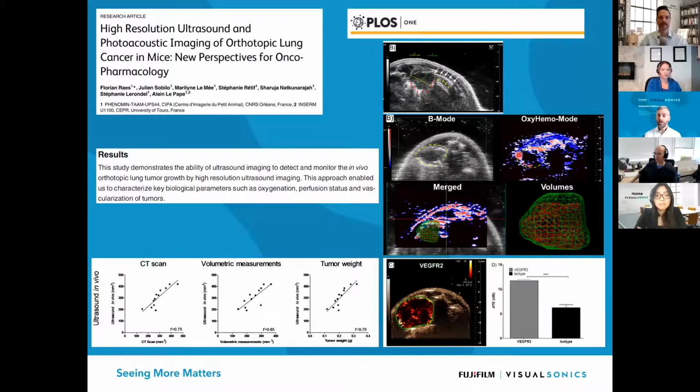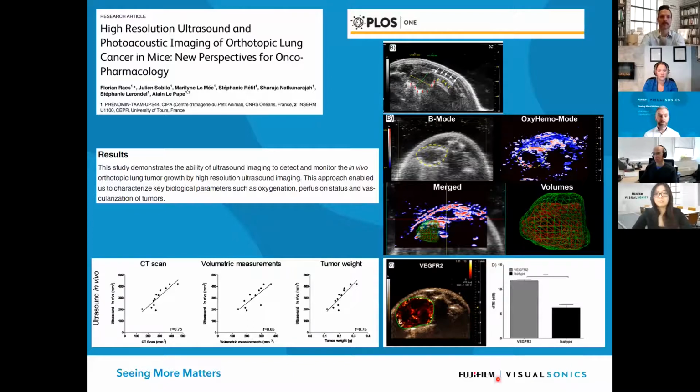Even though it's nicely growing in the lung, it has a very hypoxic area, and then also looking into the volume of total tumor versus hypoxic volume inside the tumor, and linking it later on to ultrasound molecular imaging, looking specifically for VEGF receptor 2, so angiogenesis. So tumor monitoring, sizing, volumetric quantification, looking into the angiogenic region.